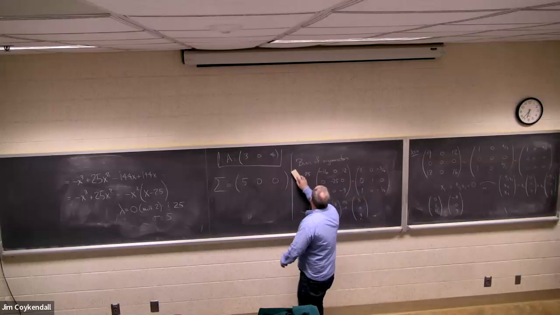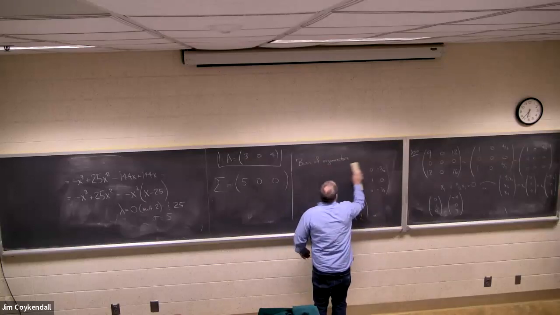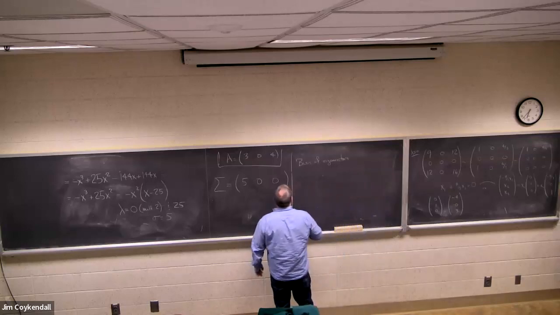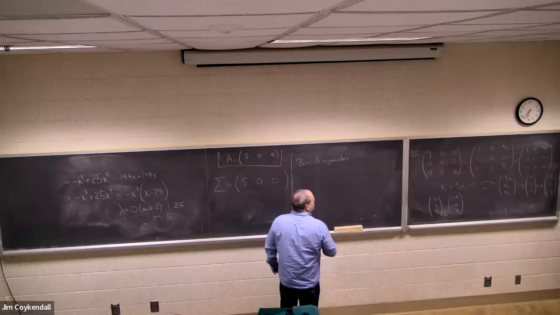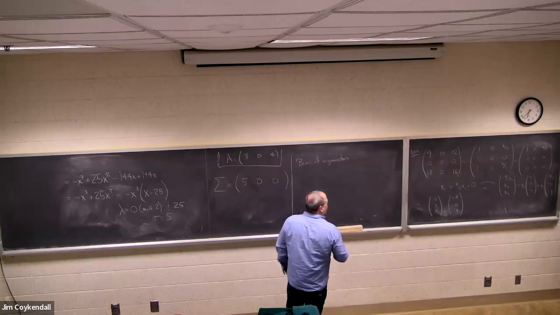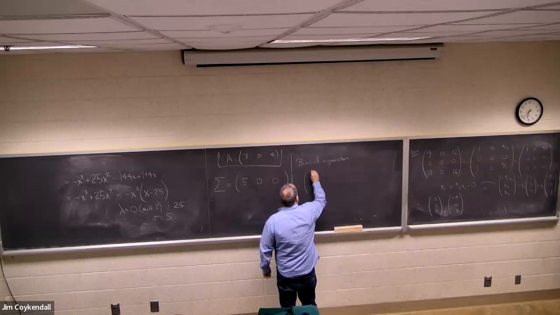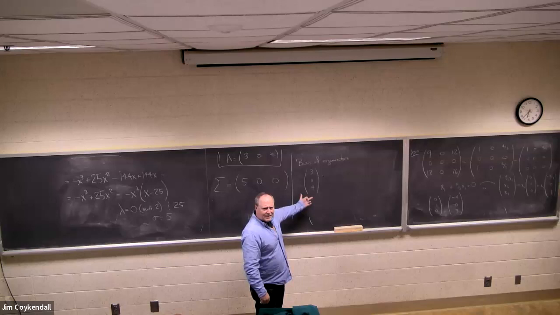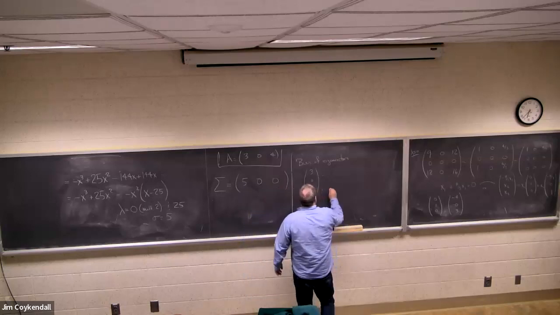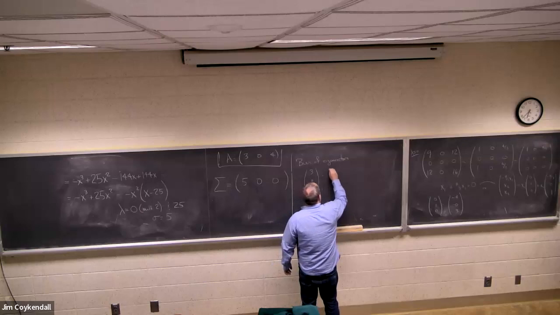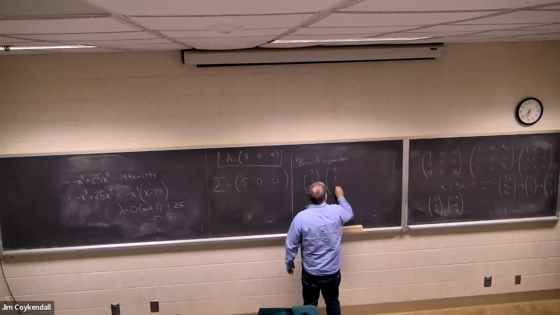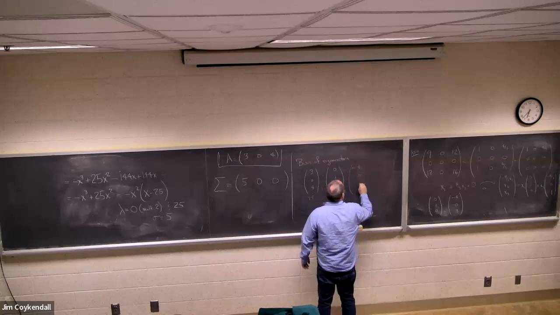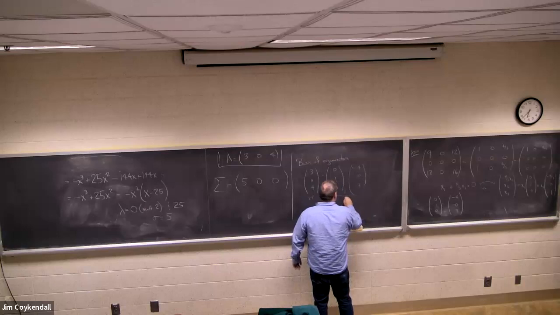So my basis of eigenvectors should be, I erased the first one I got, but I think it was 3, 0, 4 for 25. And I got these: 0, 1, 0, and minus 4/3, 0, 1, scaled to minus 4, 0, 3.